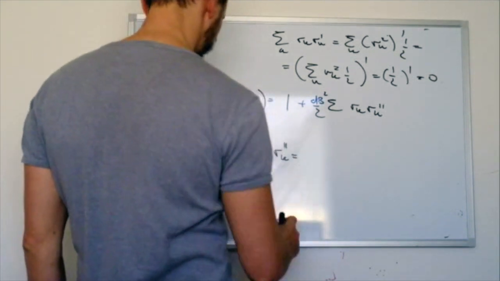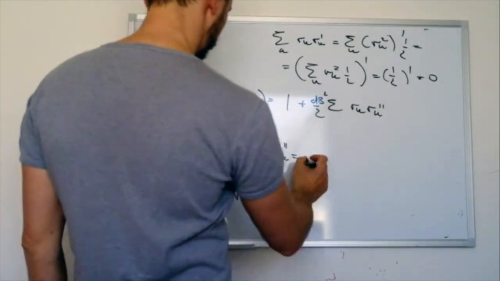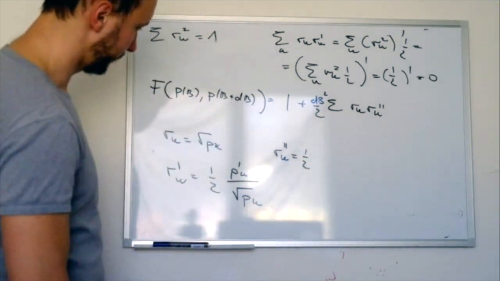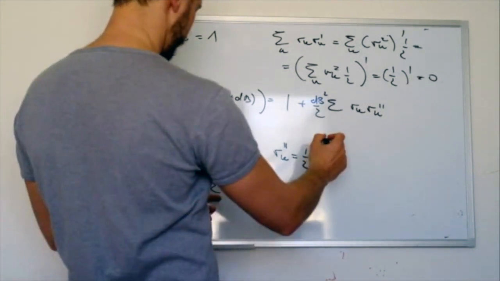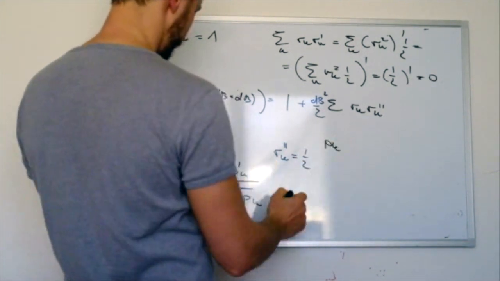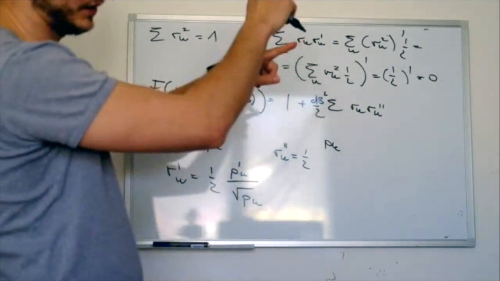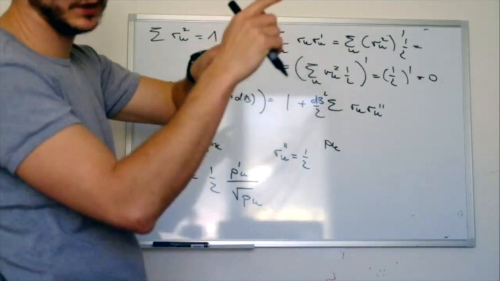The second derivative is 1/2, and I have to differentiate this expression. We use the derivative of a over b, which is a prime b minus b prime a, divided by b squared, right?